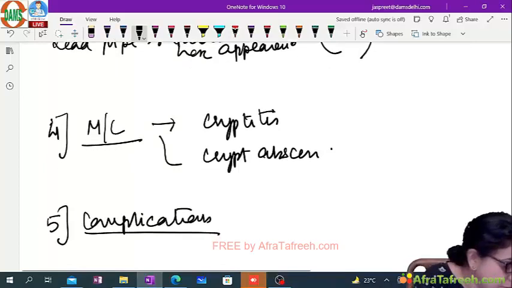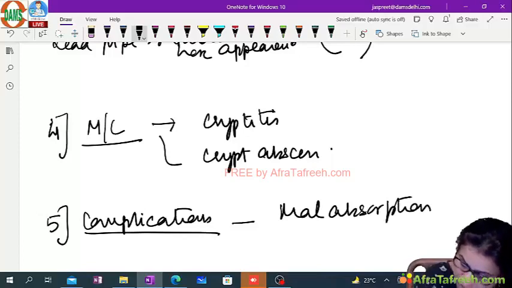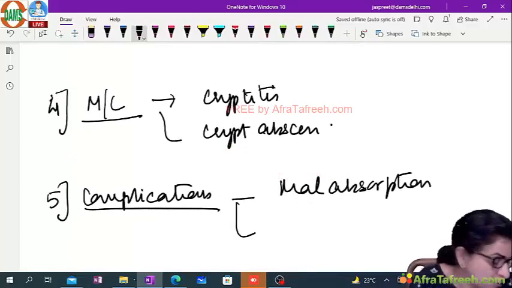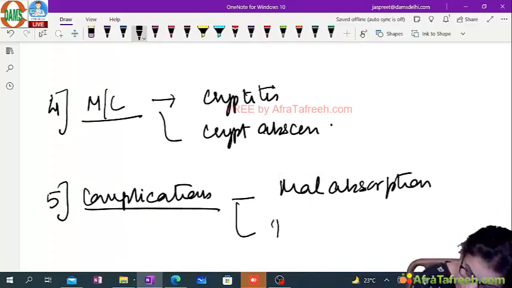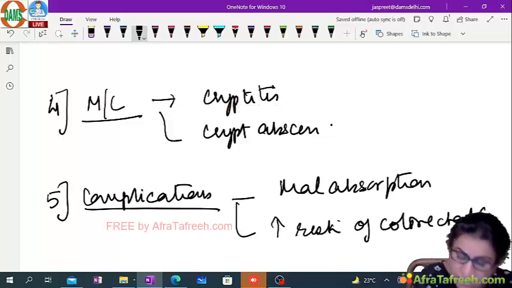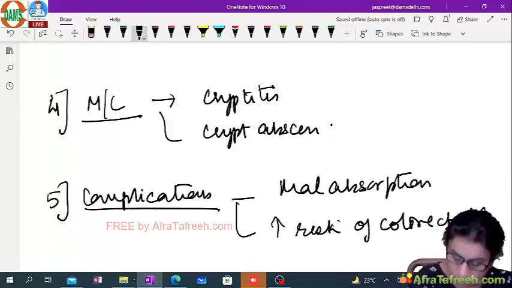Then what are the complications? Here also the patient can have malabsorption, because the mucosa is inflamed. There is malabsorption and malnutrition in both ulcerative colitis and Crohn's disease, and increased risk of colorectal cancer. The risk of colorectal cancer is more with ulcerative colitis than with Crohn's disease.